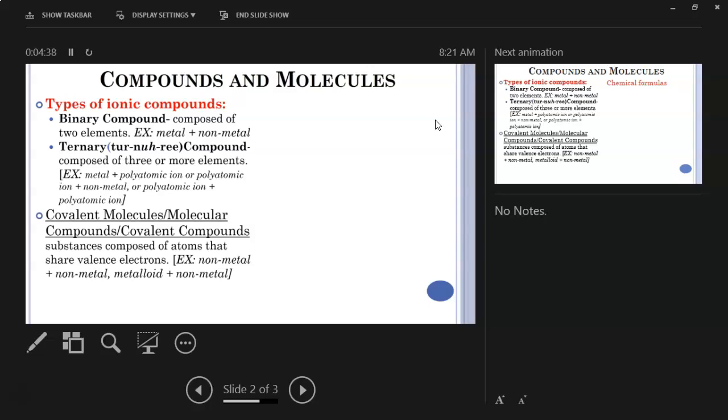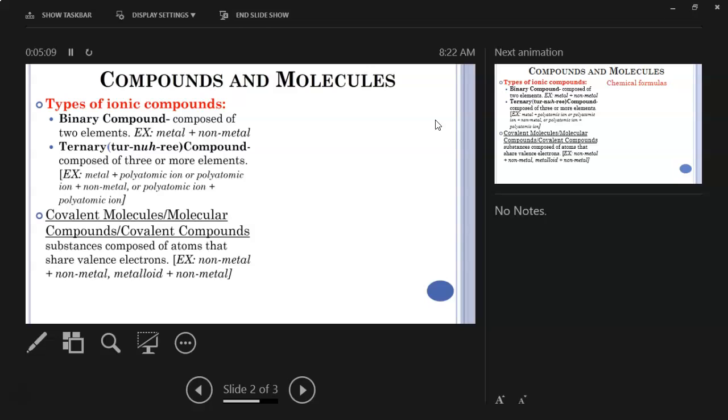These are all names for molecules. So if I said covalent compound, I'm still talking about a molecule. If I'm talking about a molecular compound, I'm talking about a molecule. Okay? Just goes by many different names. Covalent molecules or molecules or molecular compounds, these are substances that share valence electrons, okay, that have covalent bonds in them.